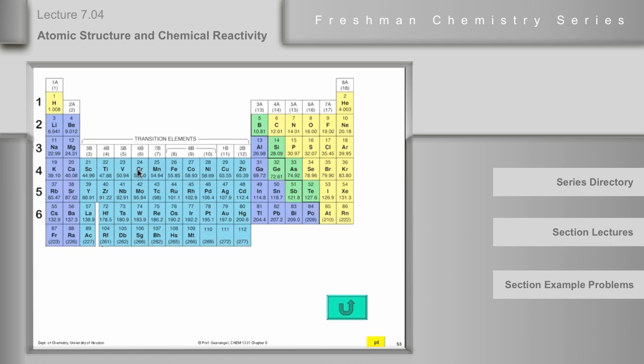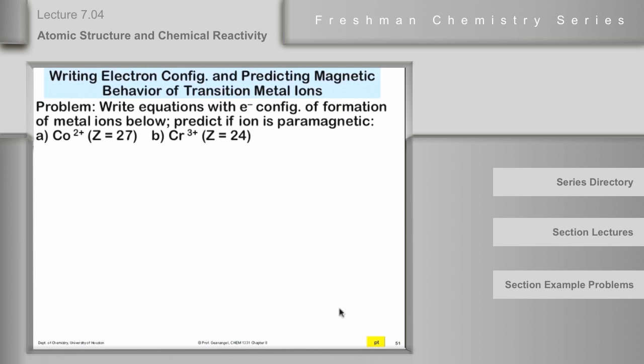This time I want to ask somebody else. Okay, chromium. What's the valence electron configuration? 4s1, 3D5. I agree. It's a special case, remember.